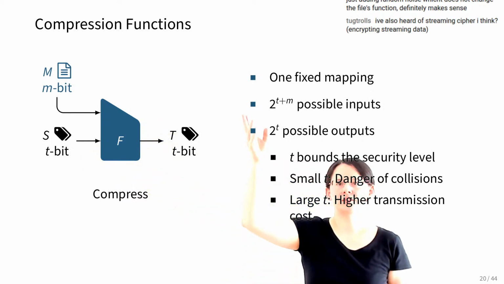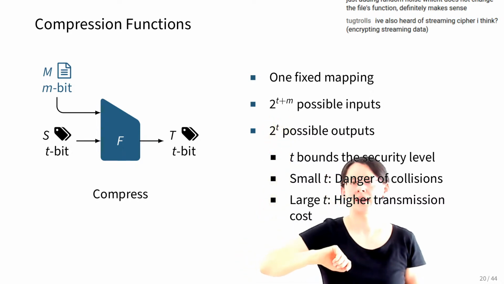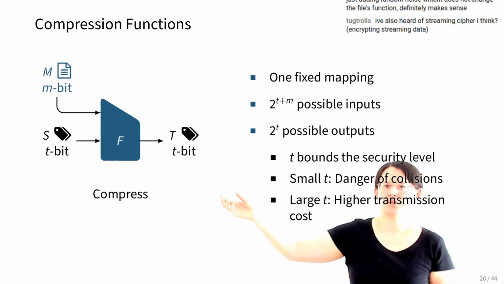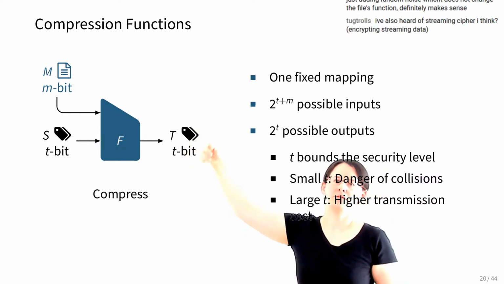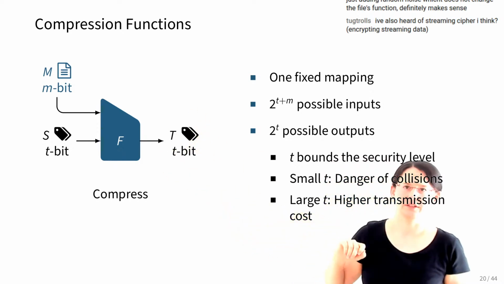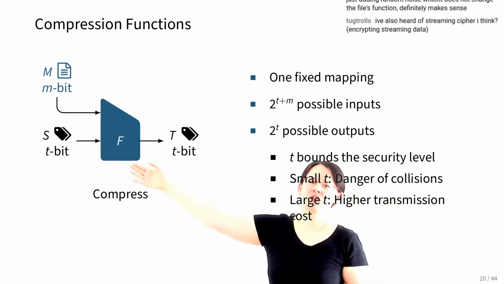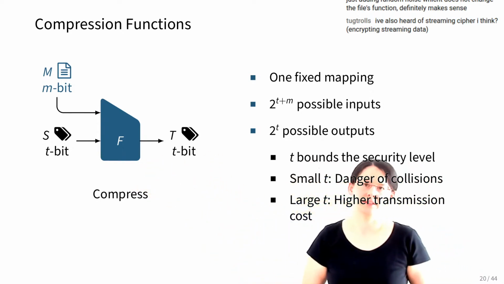So in total there are 2^(t+m) possible inputs and 2^t possible outputs. And t again gives us a bound on the security level, because like in a hash function, for a smaller t it's more likely to have collisions in the output of the compression function. And for larger t, we get larger values which may be a bit harder to process.